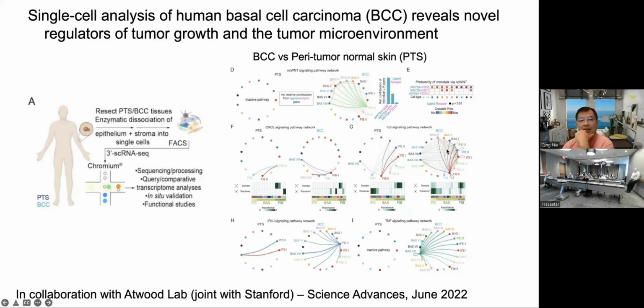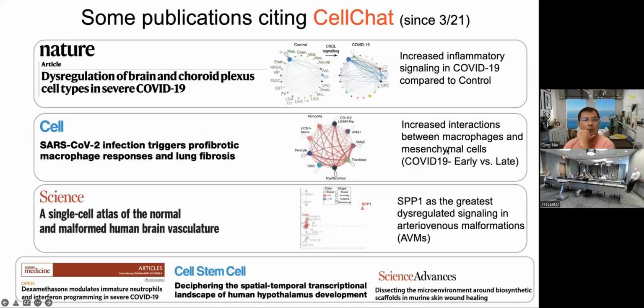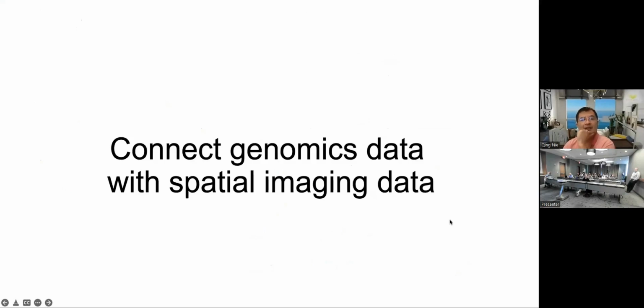The BCCs. After our work, after our publications, many other high-profile journals published work using our method for COVID, for brains. Now, with that data set, you should immediately ask me, it has no spatial information. We all know ligand-receptor interaction most of the time has strong spatial limits in terms of length.